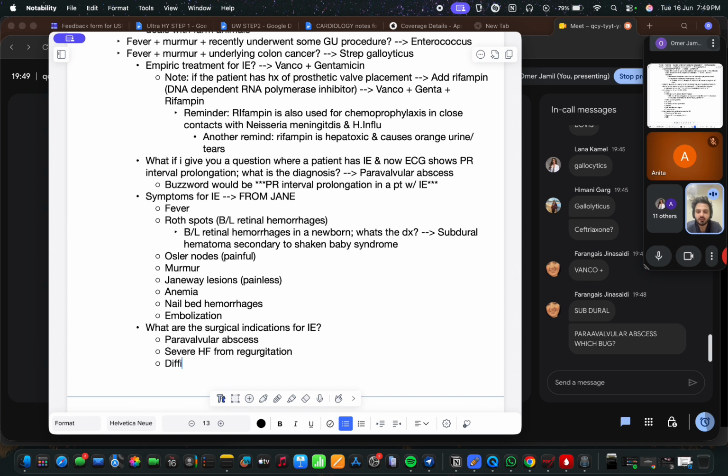Okay, a difficult to treat pathogen, let's say a multi-drug resistant bug. And then the other one would be very large vegetations, greater than 1 centimeter, or persistent embolization despite antibiotic therapy.